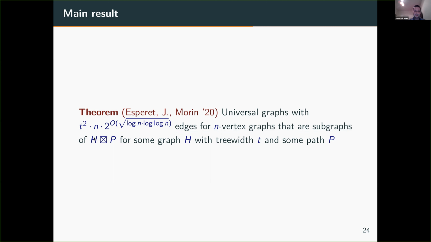And we are not fixing the bounded tree width graph, right? So once again, I'm looking at all the n-vertex graphs that can be realized as a subgraph of some H times P, where H is some graph of bounded tree width t, and some path P.